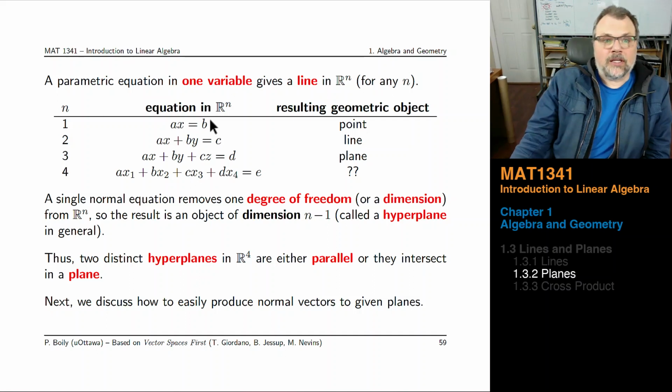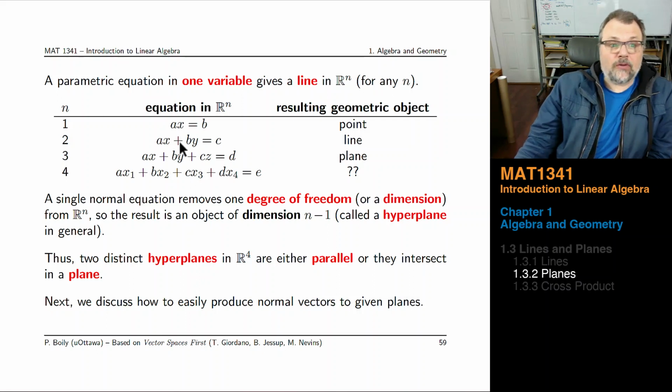You can look at a pattern that emerges, right? Let's say you have a parametric equation in one variable. In Rn, that's always going to give you a line, no matter what the n is. An equation of the form ax equals b in one space, which is R, gives us a point.